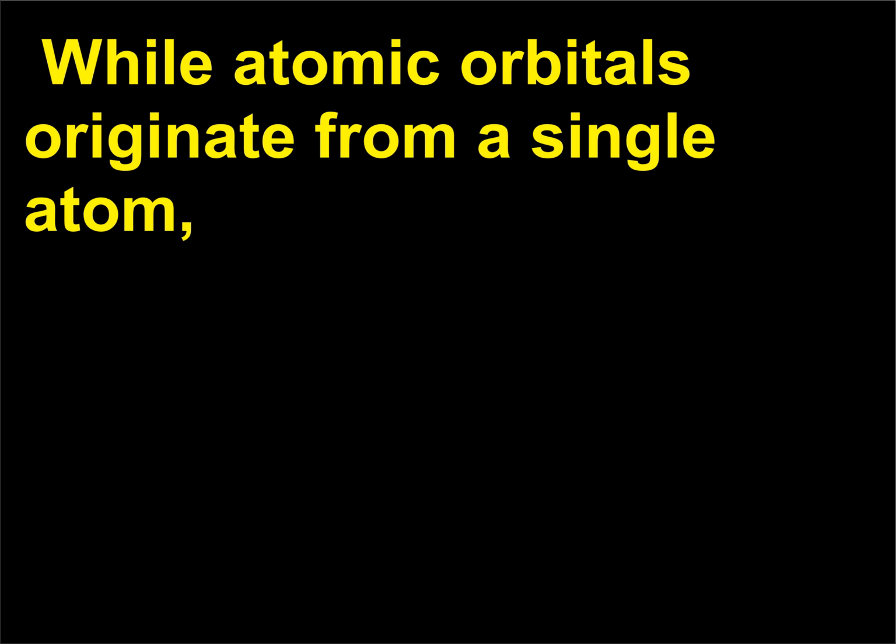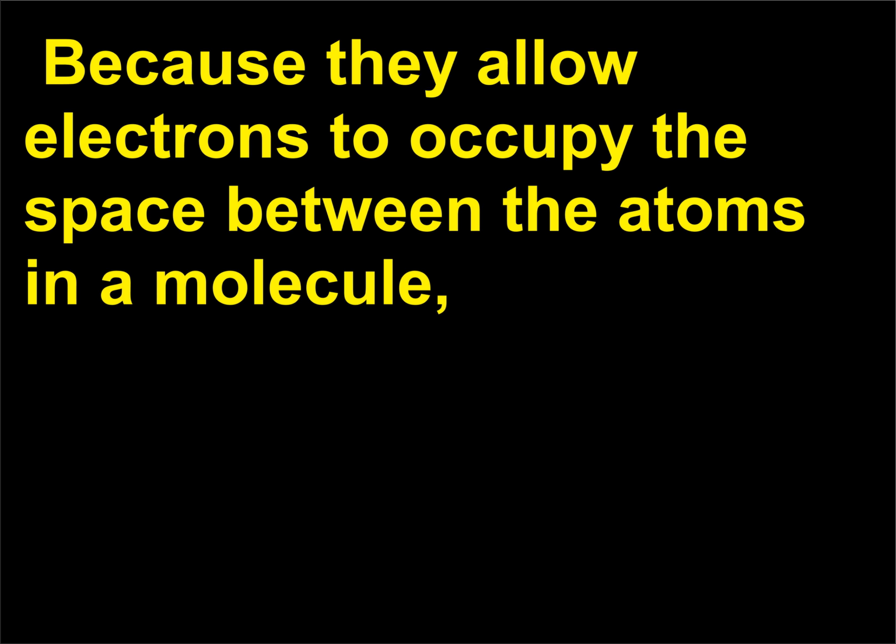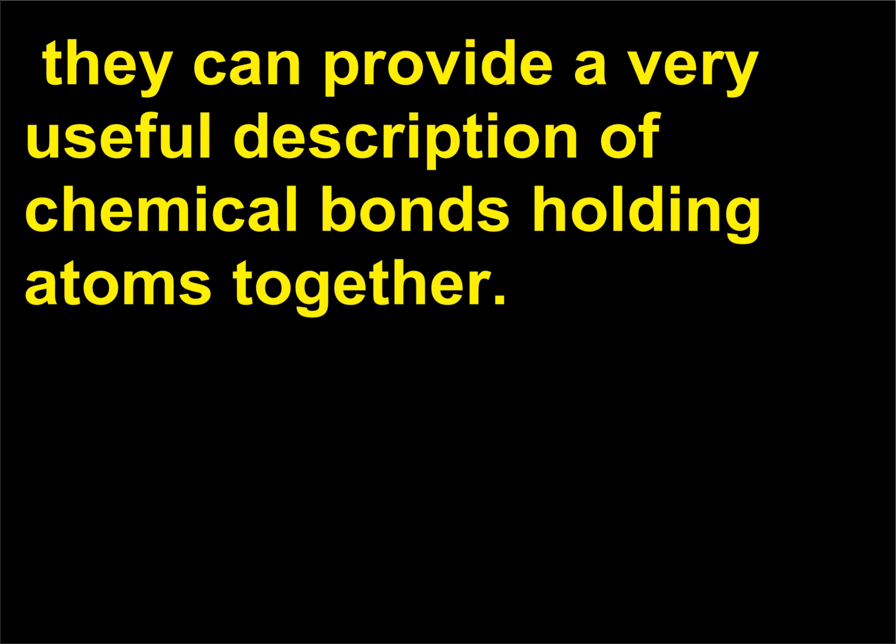While atomic orbitals originate from a single atom, molecular orbitals are formed from combinations of the atomic orbitals. Because they allow electrons to occupy the space between the atoms in a molecule, they can provide a very useful description of chemical bonds holding atoms together.